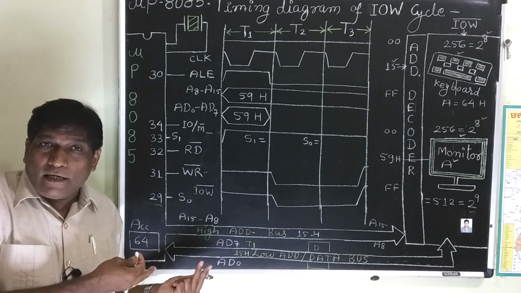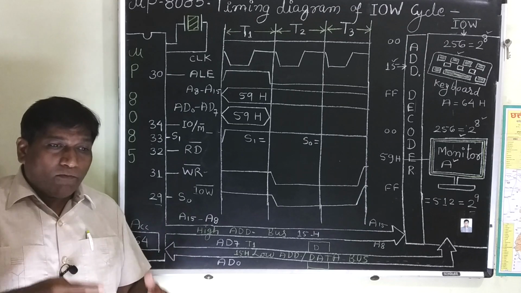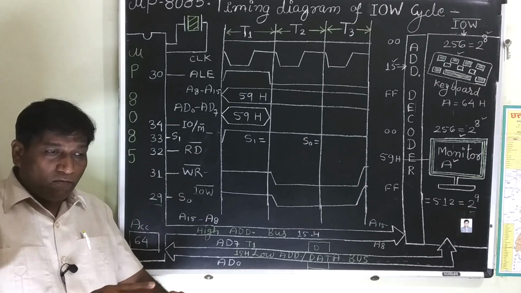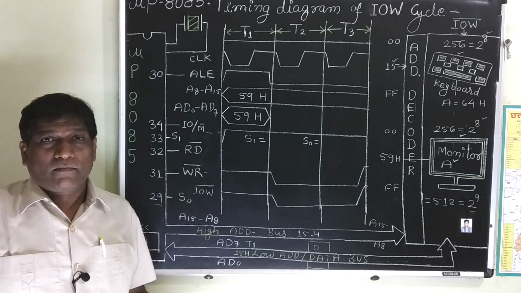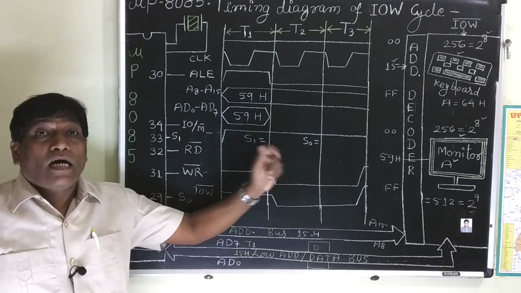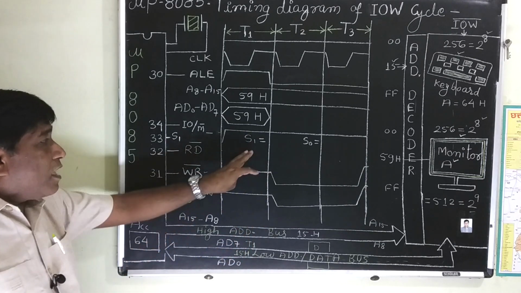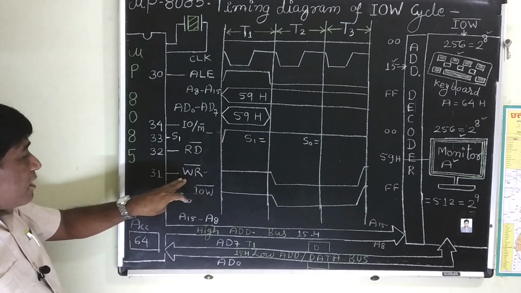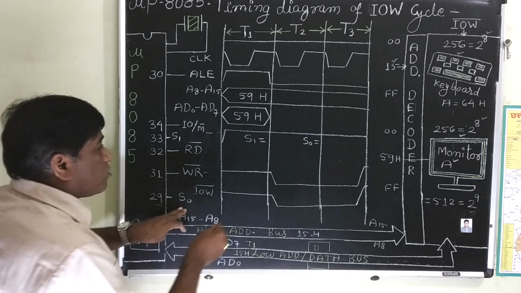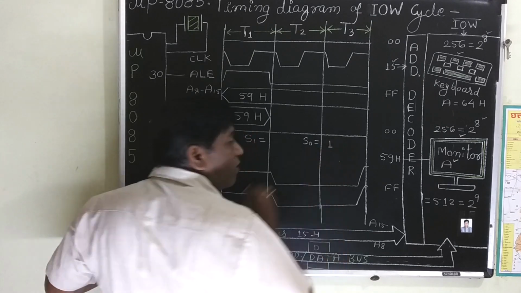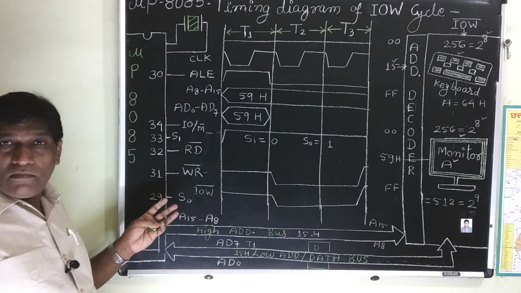Whatever we are studying at the board, whatever PDF notes are given to you, and whatever you are reading in the books, for making the similarity, so that your understanding will be better, we can write like this. Otherwise we can draw this also, no problem. Now see how to remember this: because write bar with S0 is close to write bar, it is a writing operation, so S0 will be equal to 1 for writing operation, and if it is 1 it will be 0. Simple.